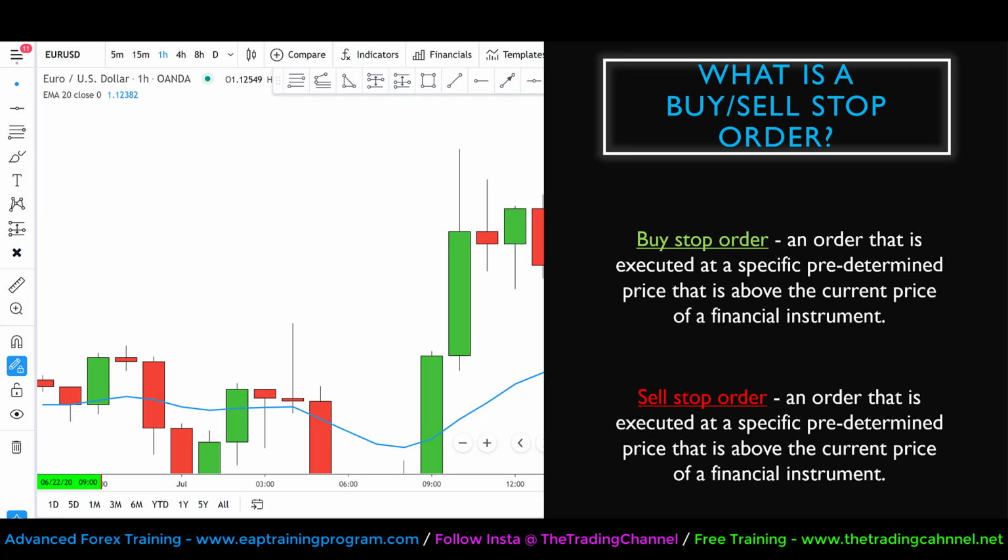But let's go ahead and move on with the video, starting with what is a buy stop and a sell stop order. Well, a buy stop order is an order that is executed at a specific price that is above the current price of a financial instrument, and a sell stop order is directly the opposite. A sell stop order is an order that is executed at a specific price that is below the current price of a financial instrument.